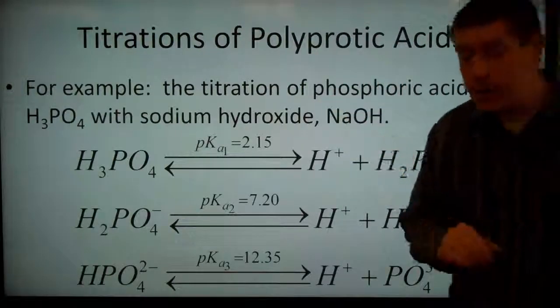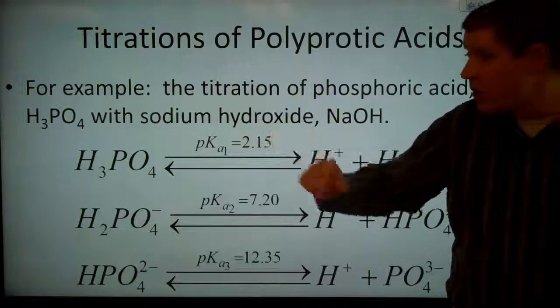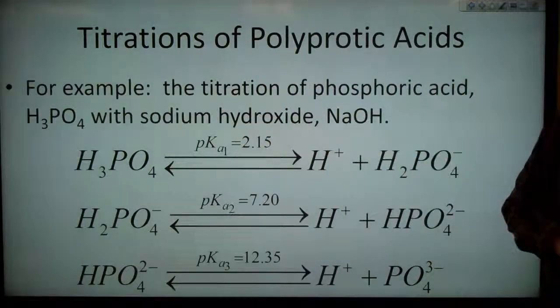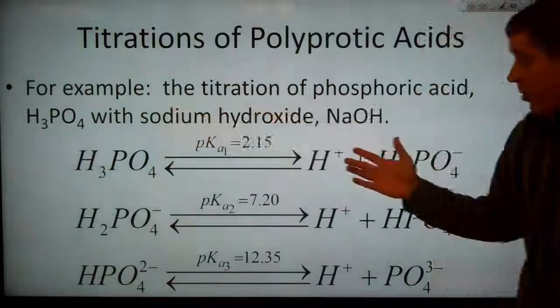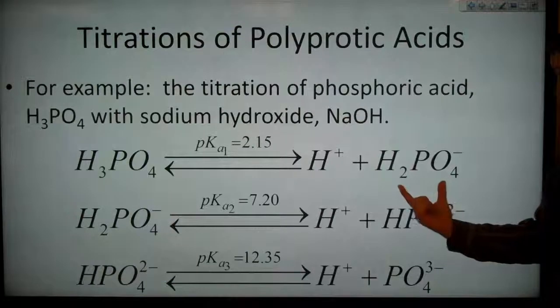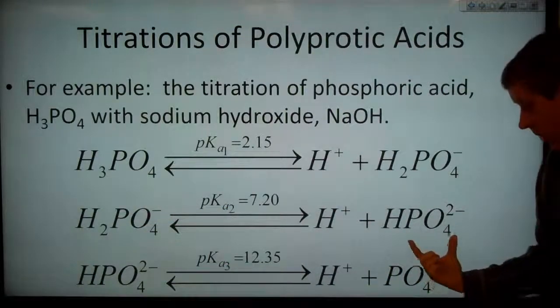So let's look at an example of the phosphate system. So the titration of phosphoric acid, which is H3PO4, with sodium hydroxide, NaOH. So we've got H3PO4. If we pull off a proton, we get H2PO4-. We can pull off another proton to give us HPO4 2-.